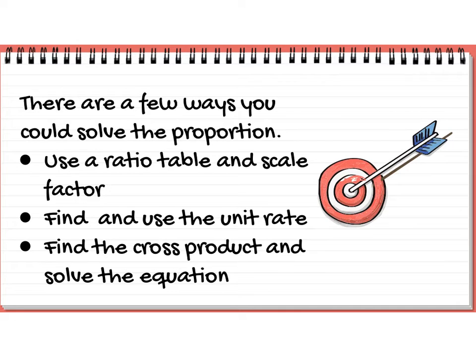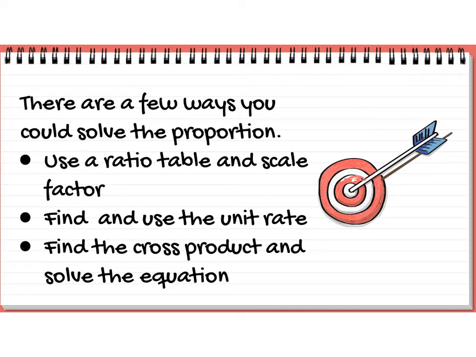You could find the cross products and solve the equation, and I'll show you that again. That's really useful if you have ratios that don't have an easy, integer scale factor. Most of the problems on the 7th grade test have a whole number, integer scale factor, and you can find it. You just have to do some simplifying.